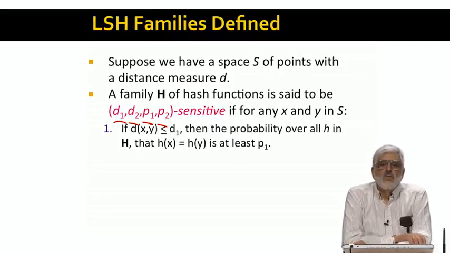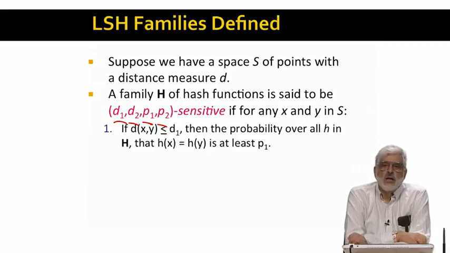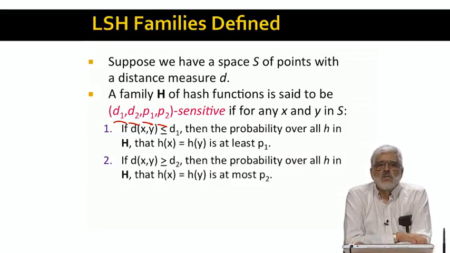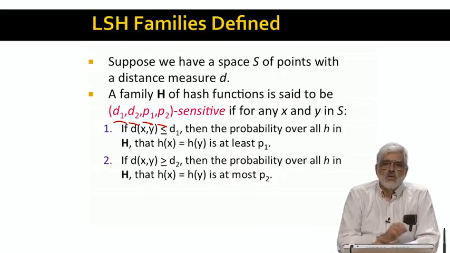Okay. More formally, for any two points x and y at distance up to d1, the probability, considering all hash functions little h in the family capital H, that little h says yes about x and y, is at least p1. And if the distance between x and y is at least d2, then the probability that little h says yes for x and y is at most p2.